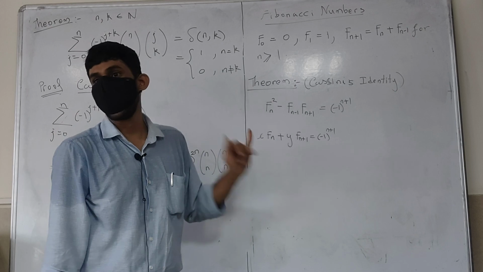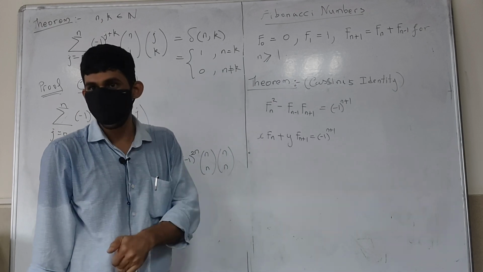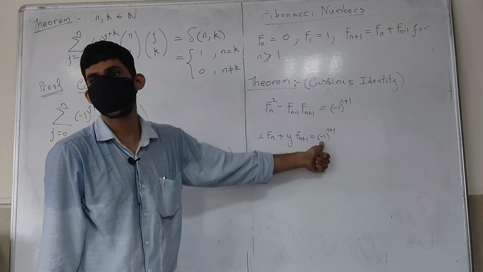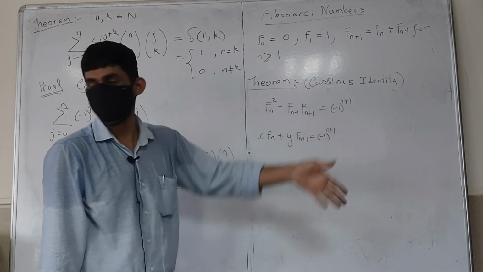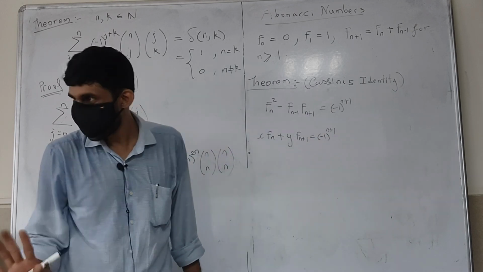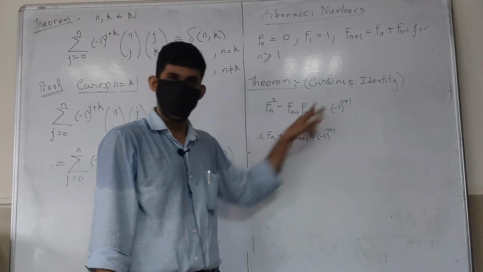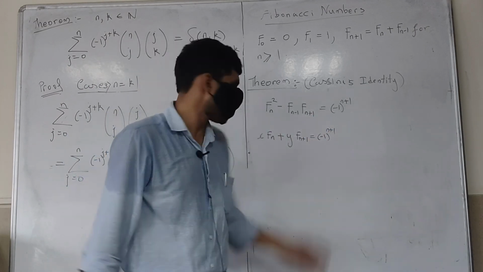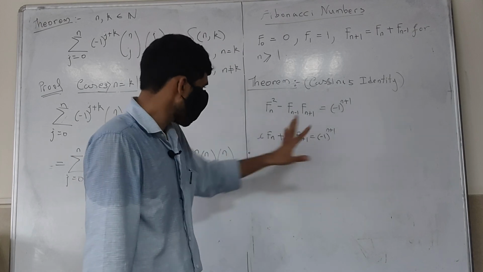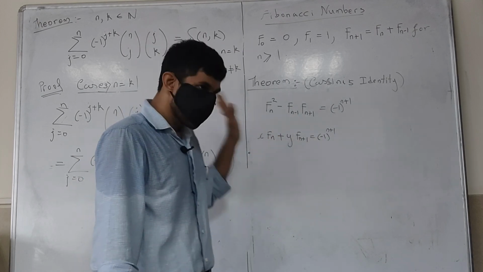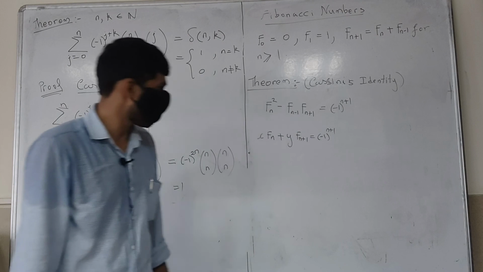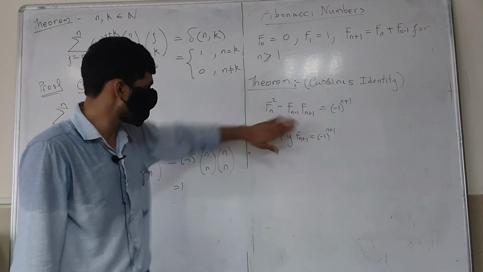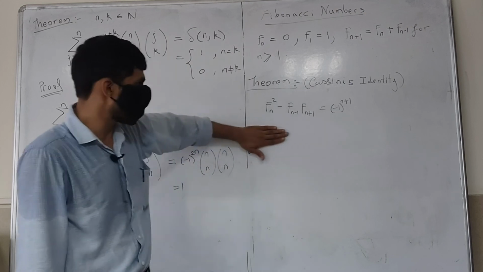Because if fn and f(n+1) have a common divisor d, then that common divisor would have to divide (−1) raised to n plus 1, which in particular means it would have to divide 1. If something divides −1, it divides 1. So that's a contradiction if d is greater than 1. So this tells us that the two numbers are relatively prime.